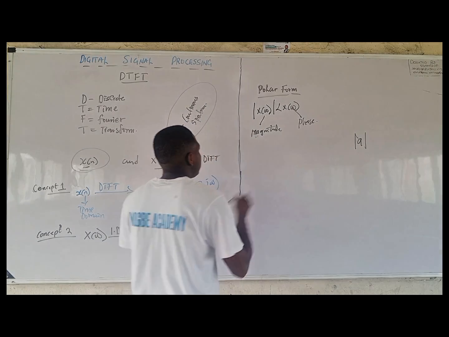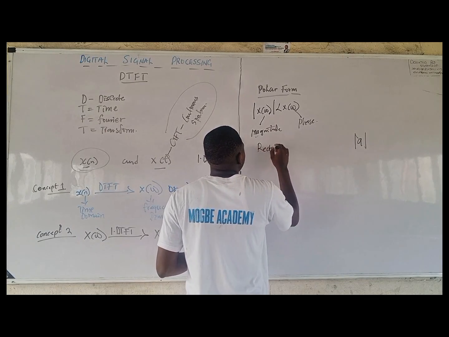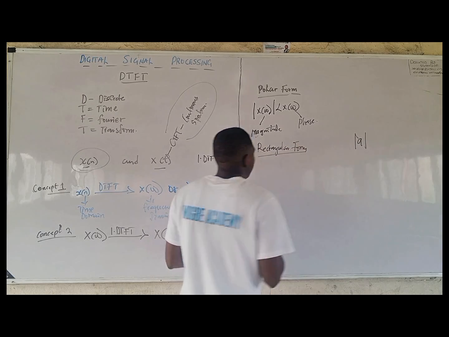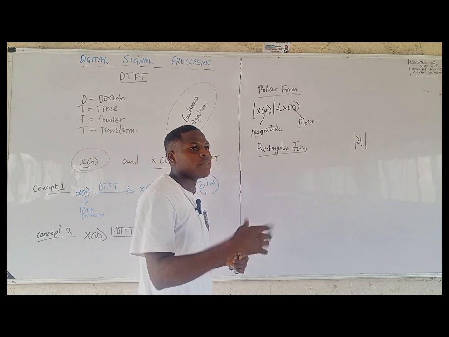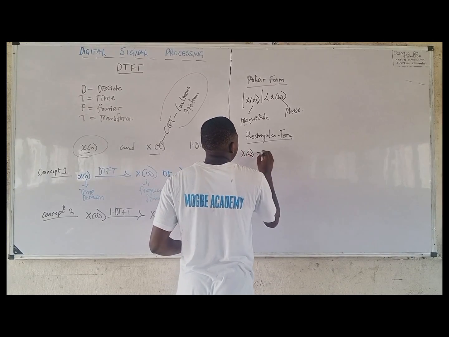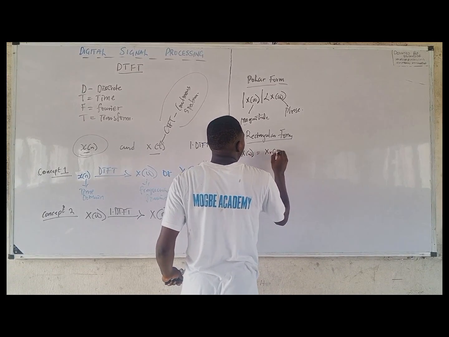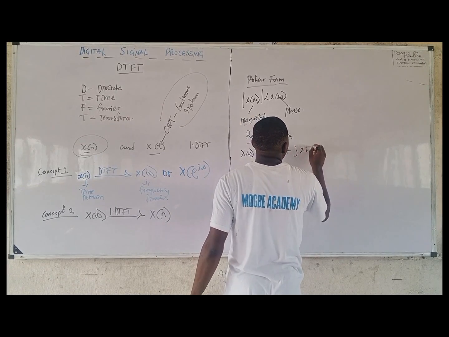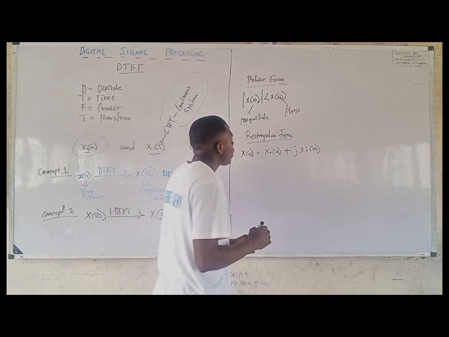Now, how do you know if your signal is given in rectangular form? Rectangular form signals are always given in this manner: S(w) is equal to S_R(w) plus jS_I(w). Now look at this.